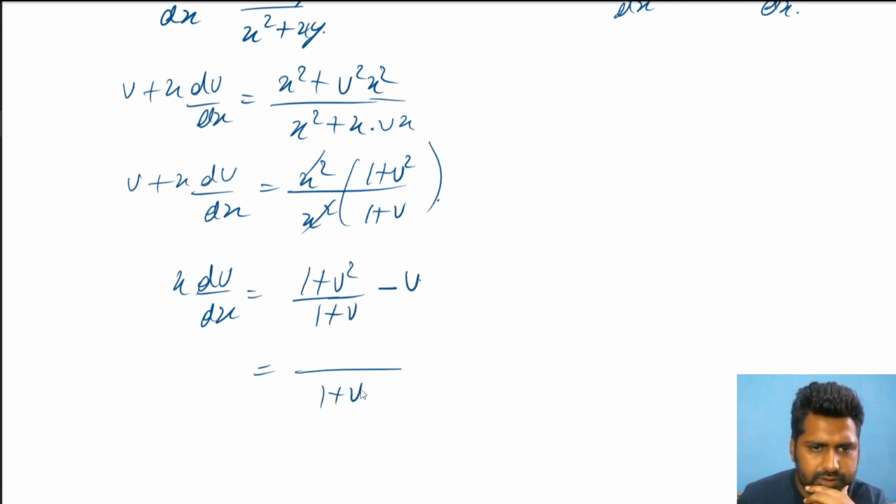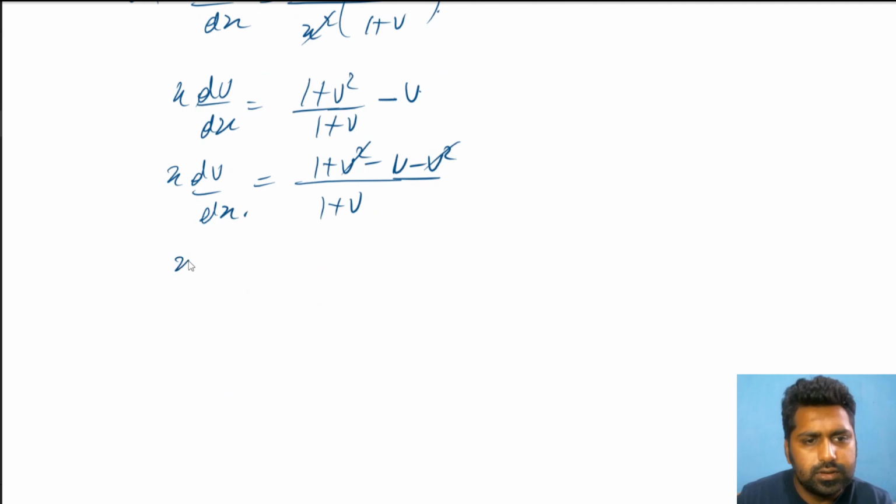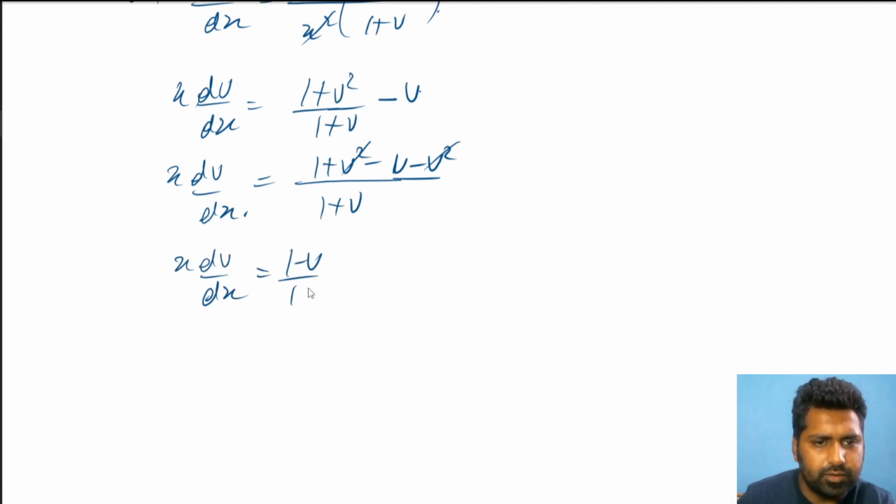That becomes 1 plus v square minus 1 minus v square is x dv by dx. That's x dv by dx is 1 minus v upon 1 plus v.